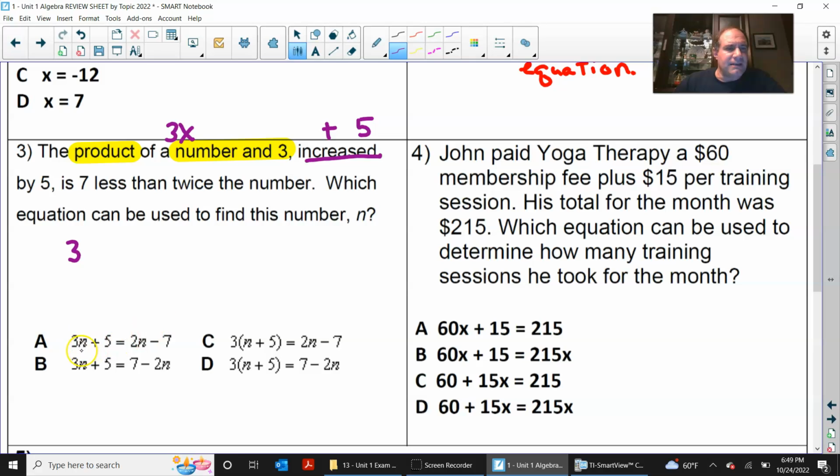All right, so I'm going to use n because I see in my choices that they used n as the variable. So 3n plus 5. This is not that. Okay. Equal sign. 7 less than, 7 less is a minus 7. Twice the number. Twice the number is 2x. So it is 2x minus 7.